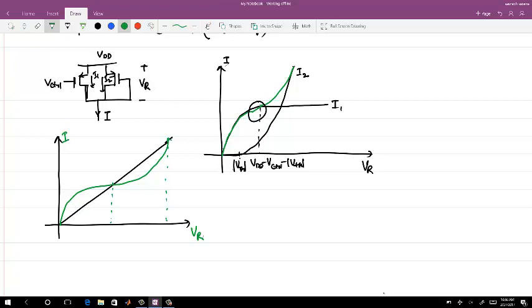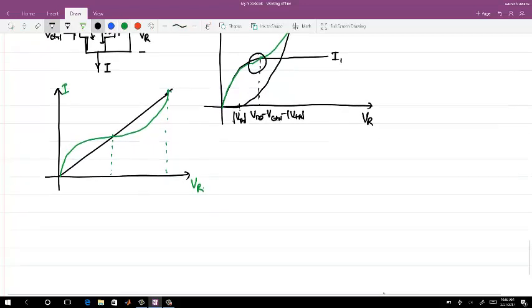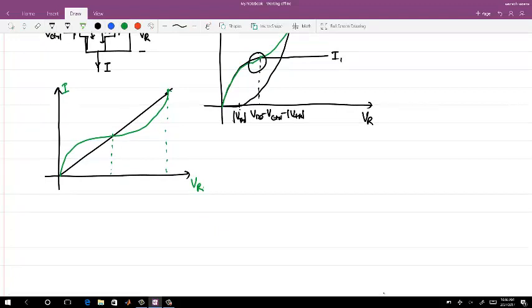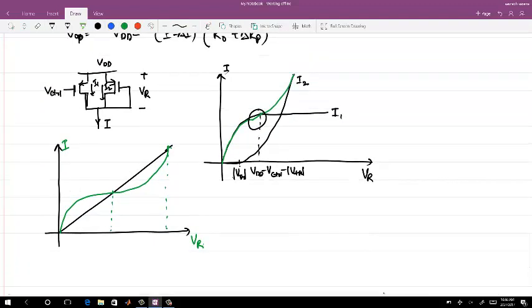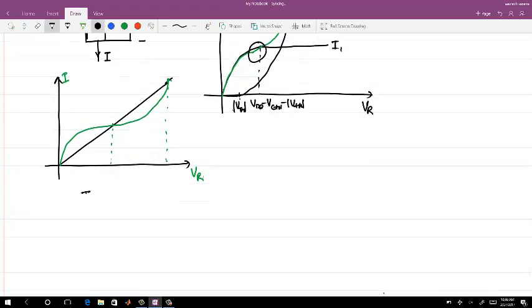Now the interesting part for this kind of load is that, let me say for current I plus delta I, you consider this region, and I minus delta I you consider in this region, because it is symmetric about this point.